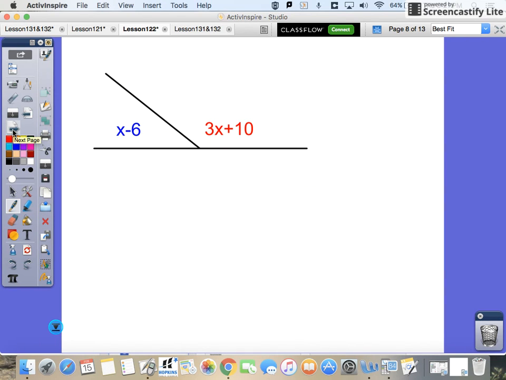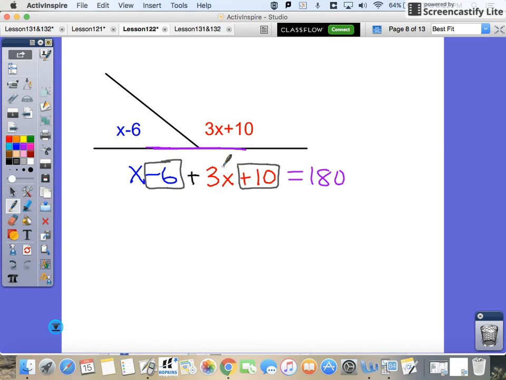All right, then we've got this one, where these two add up to 180. So we've got x minus 6 and 3x plus 10. Combine like terms. So we've got a constant here and another constant here. Term with a variable, term with a variable.